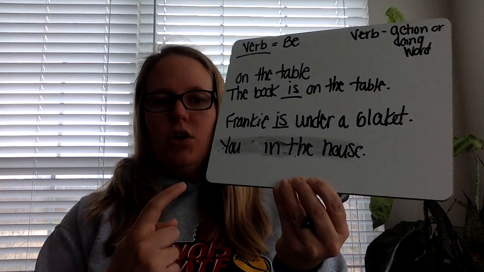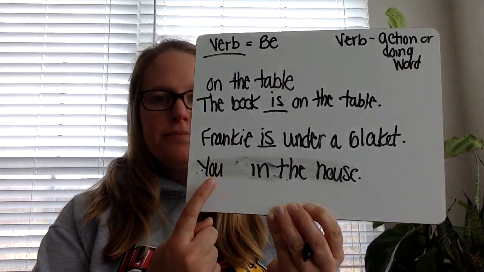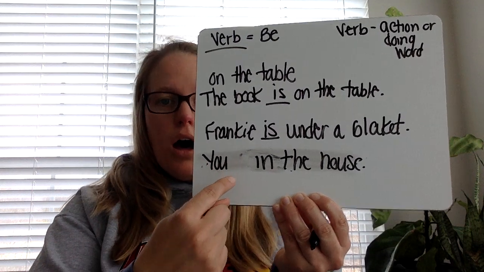Okay? How about this one? I don't have the best eraser set up here. How about this one? You blank in the house. Oh, wait. Sorry, I'm about to give you the verb. You blank in the house. You are.